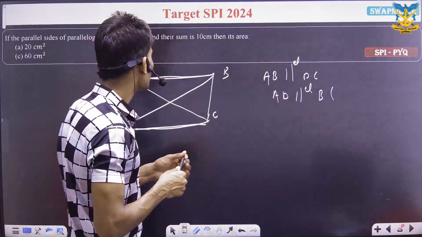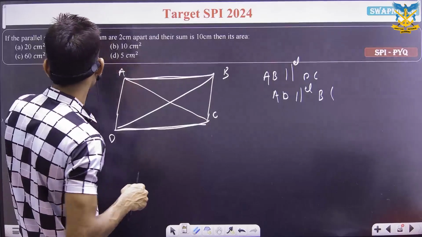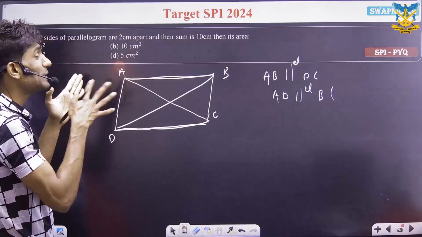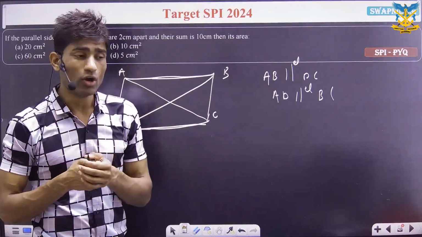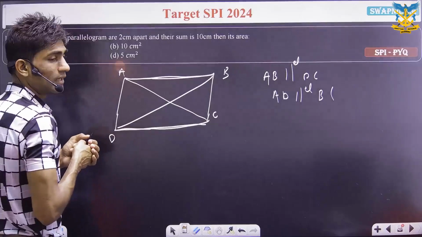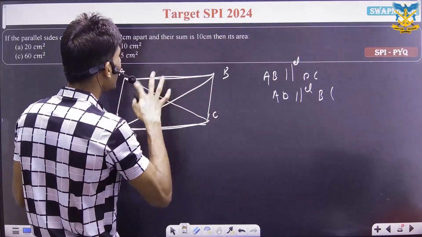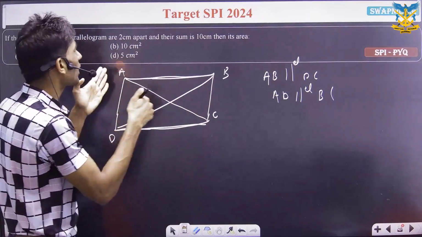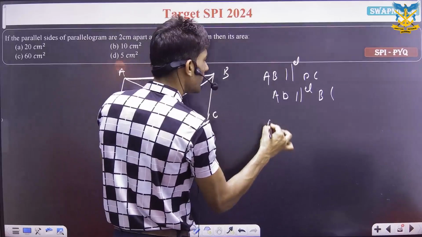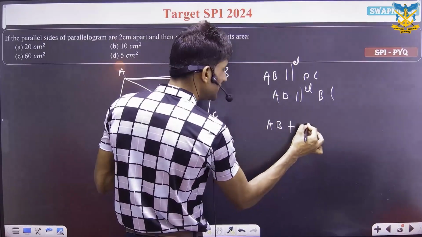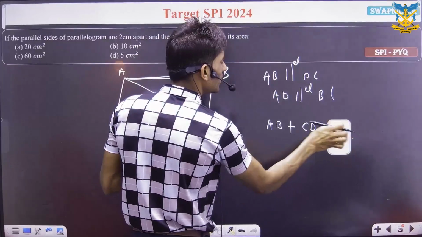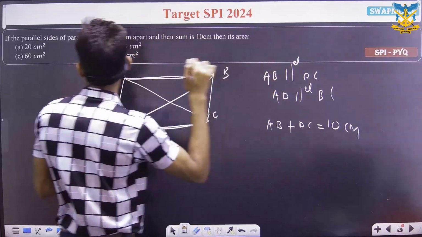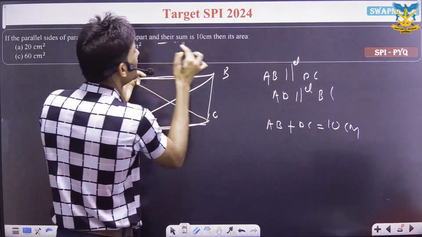We know that the parallel sides of the parallelogram are 2 centimeters apart. That means the distance between the parallel sides is given as 2 centimeters here. Now we have to find their area. The sum of the parallel sides, AB plus DC, is equal to 10 centimeters.